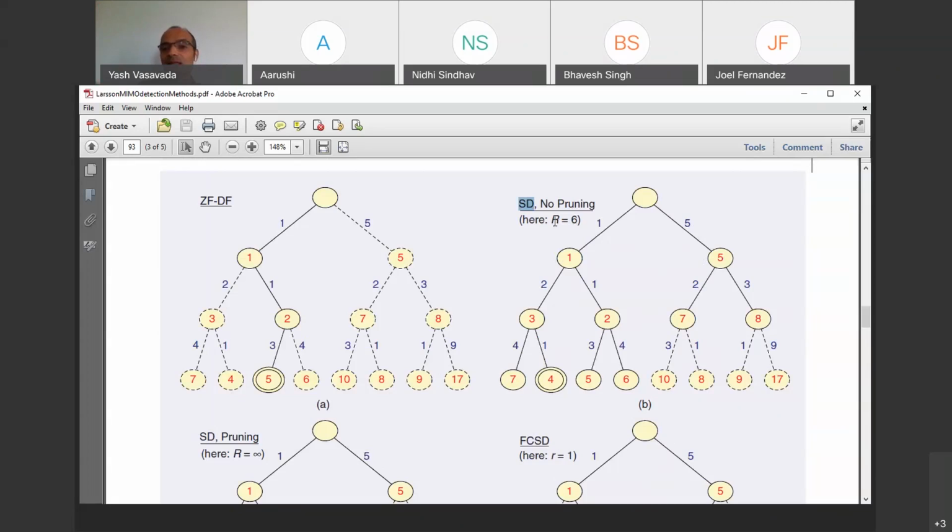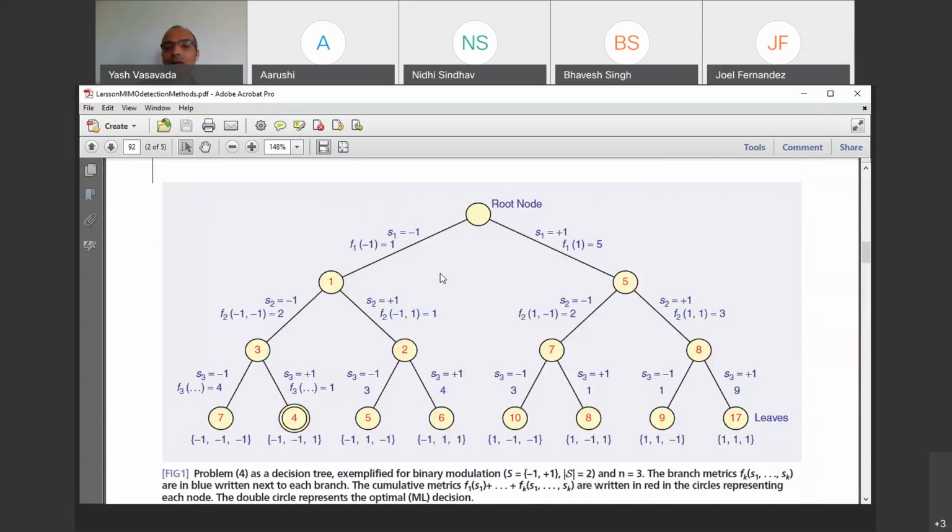In this example, we take radius r equal to 6. In this decision tree, one property of these metric values is that they keep on increasing as you go down the branches, because these f values are never negative.